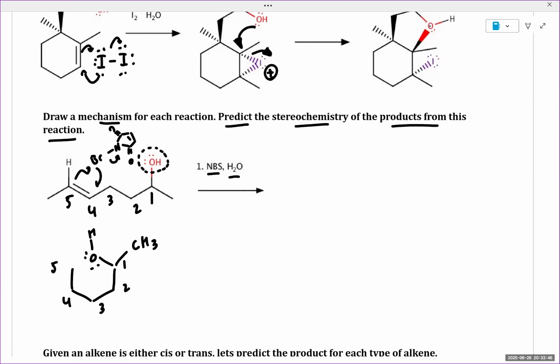So when we generate this halonium ion, we're going to generate the halonium ion, in this case, arbitrarily on the bottom face.